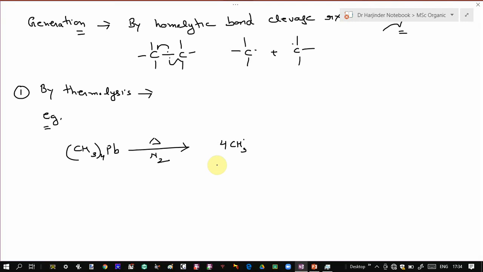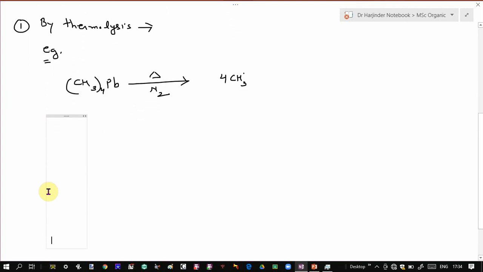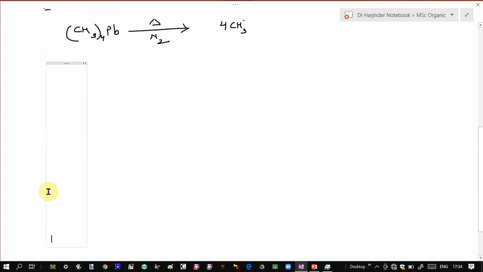Similarly, they can be generated by using another compound. For example, if you have benzoyl peroxide, now basically per acids are compounds which consist of an oxygen-oxygen single bond, so they can be generated from these per acids also.